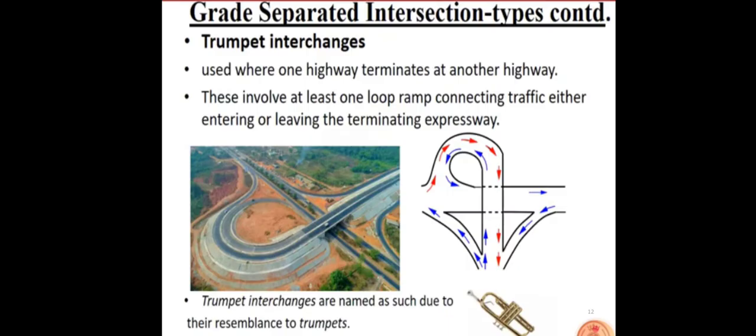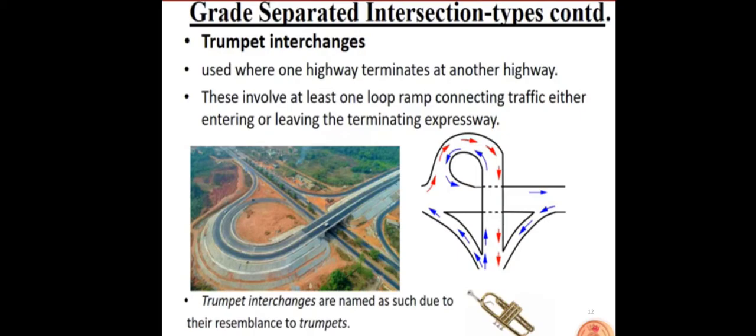Now coming to the next one, a trumpet interchange. Trumpet interchanges are actually used where one highway will terminate at another highway. Suppose one highway terminates at the junction of another highway, then this type of junction will appear like a trumpet, the musical instrument.